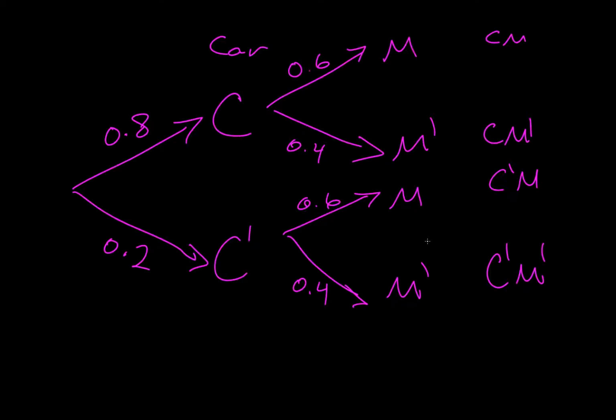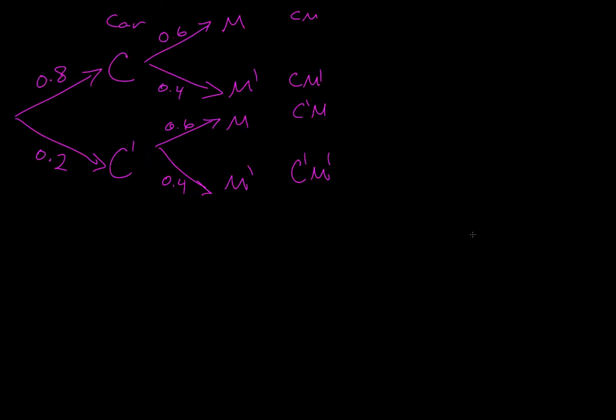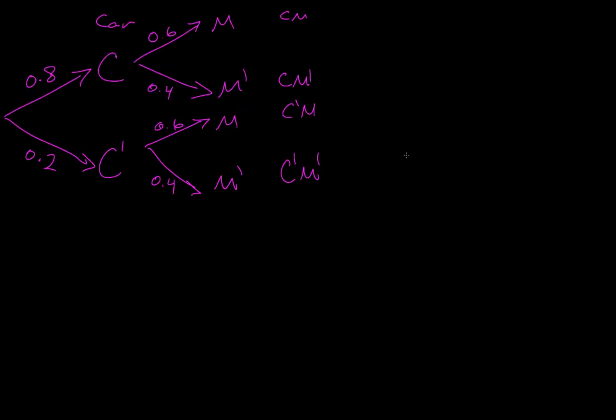So a couple things are going on here. Let's zoom out a little bit. Right here, the total probability would be 0.8 times 0.6. We multiply those together and we get 0.48.